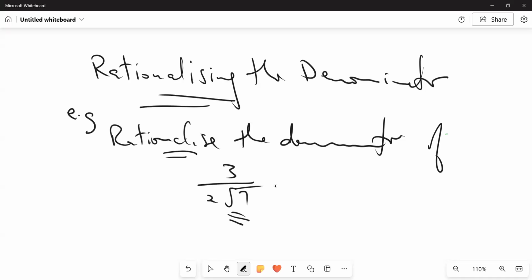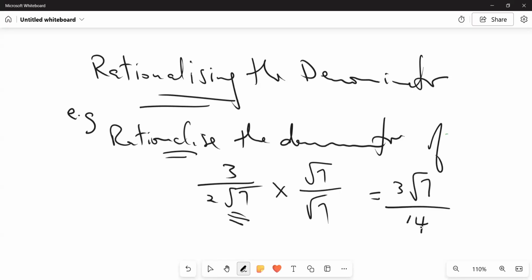So there is a technique where you multiply the numerator and the denominator by root 7, right? And what would happen? Well, it's like you multiply by 1 here, right? Root 7 over root 7 is 1. So you end up with 3 root 7, and root 7 by root 7 becomes 7, and that 2 becomes 14.